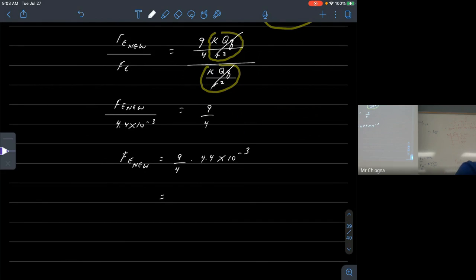That works out to be 0.01 Newtons, don't forget the unit.